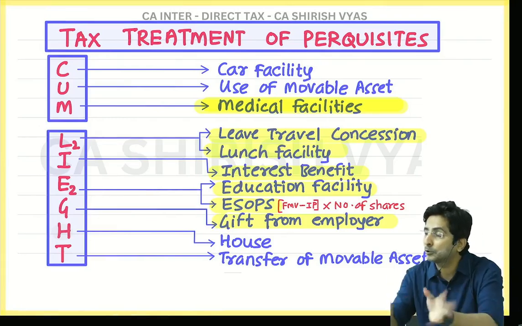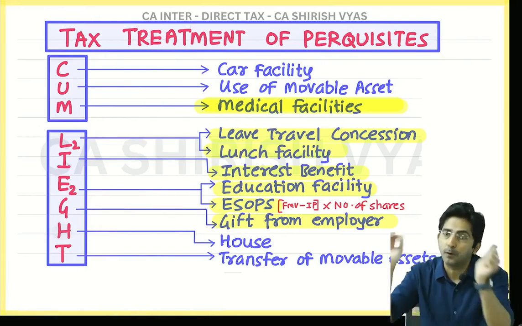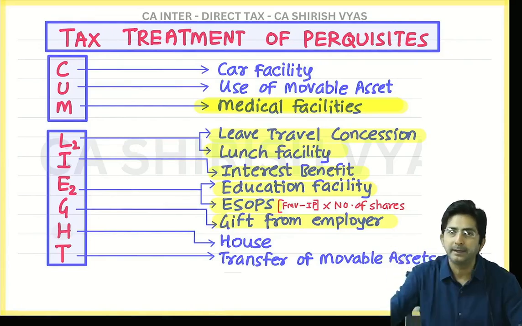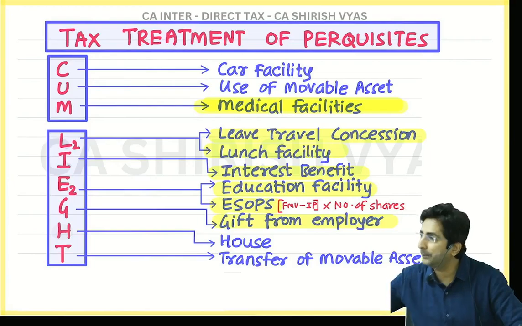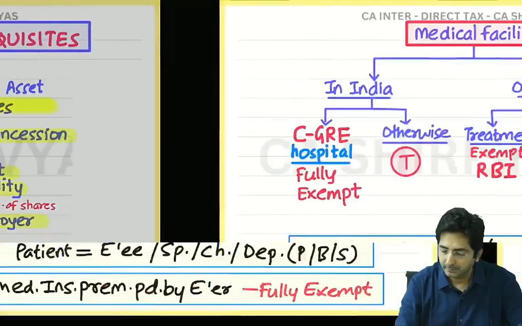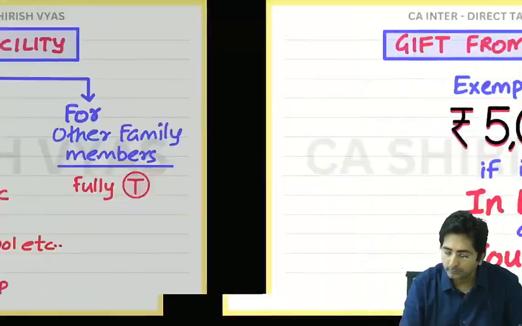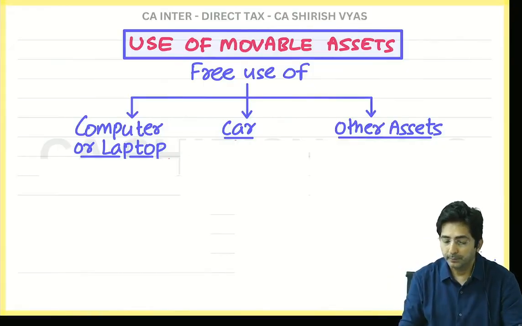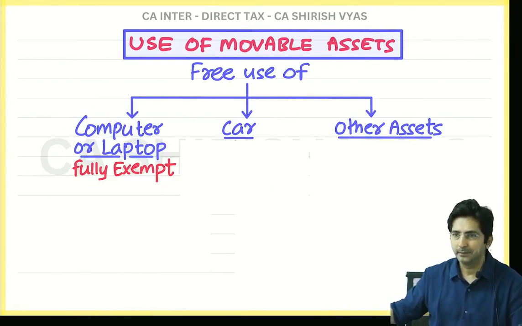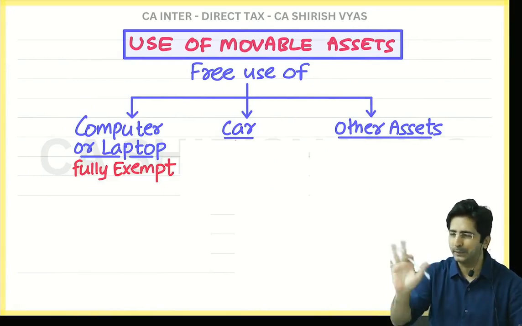Same way with a laptop, if he is given a laptop, he can work from home also. So a laptop is not regarded as a benefit, it is fully exempt. So the rule of depreciation and higher charges you will follow when? Only for other items. Theory is over, look. Free use of a computer or laptop is fully exempt.